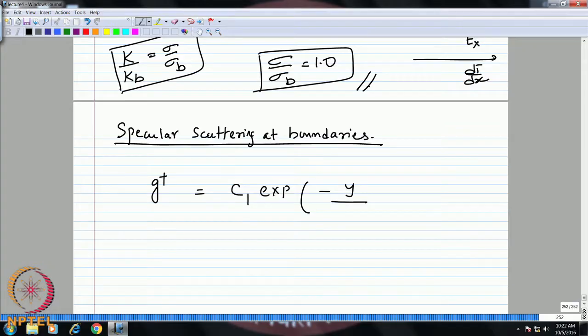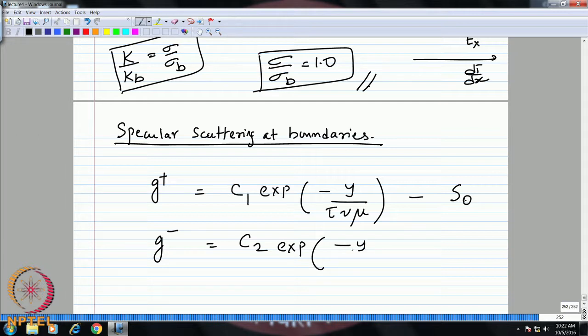Therefore, your G plus will be C1, still the same expressions that we had written down, minus S naught. G minus will be C2 minus S naught.